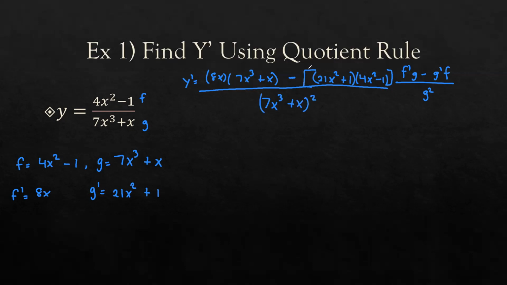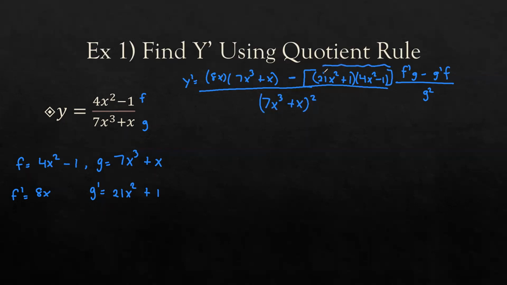What I would do is simplify the numerator. I would FOIL these out first, and then distribute that minus.